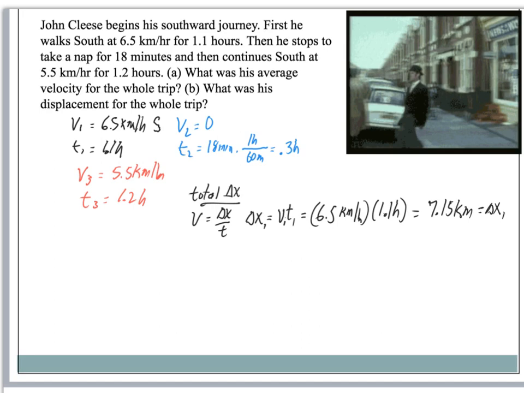We could say, v equals delta x over t, and delta x2 equals v2 times t2, and v2 is 0, and t2 was what? 8.3 hours, which means that the total displacement for part 2 was 0 meters, or 0 kilometers, however you want to describe it.